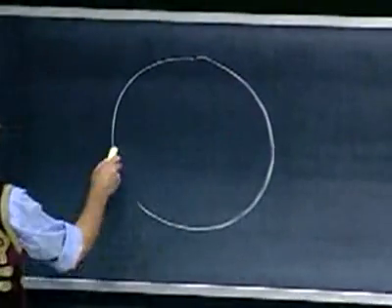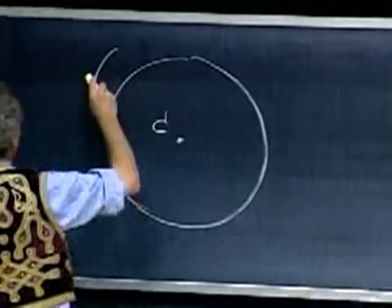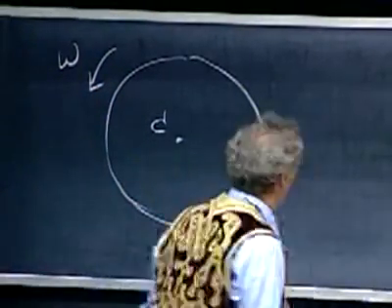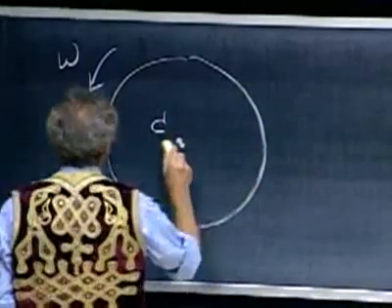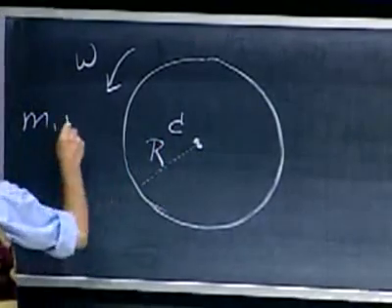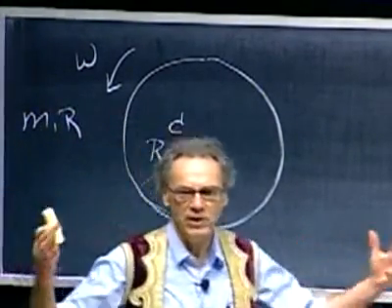I have here a disk, and the center of the disk is C, and this disk is rotating with angular velocity omega that could change in time. The disk has a mass m and a radius r. I want to know at this moment how much kinetic energy of rotation is stored in that disk.